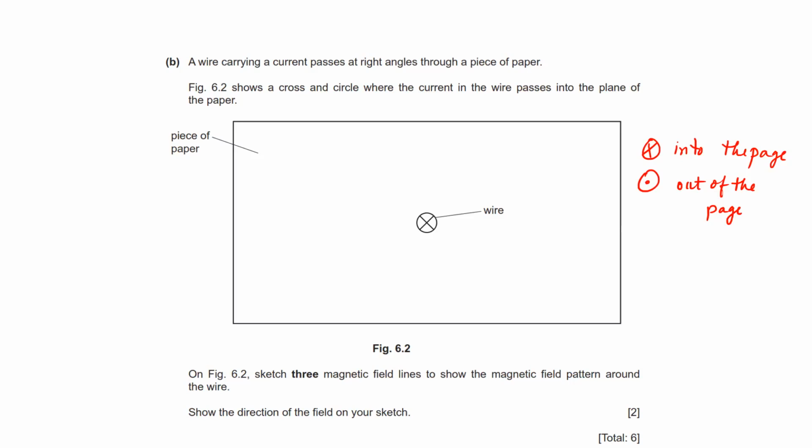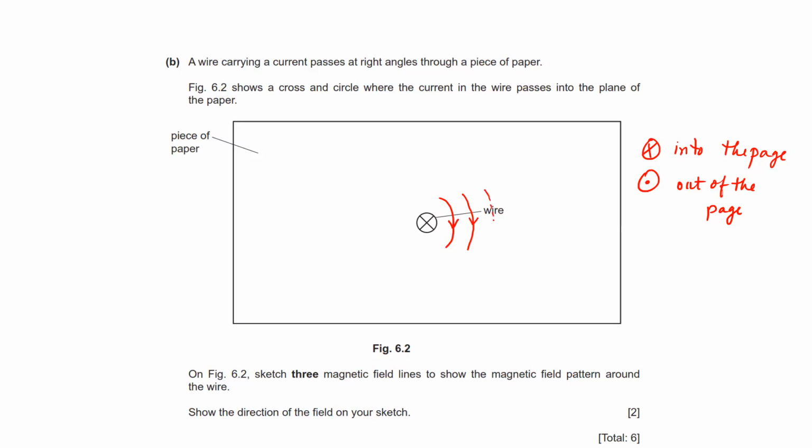So for a current carrying conductor, you have to use your right hand rule, and the thumb will be pointing towards the direction of the current, and the curled fingers of your right hand will be the direction of the magnetic field. So if I use my right hand, my thumb will be pointing into the page and my curled fingers will be pointing in this direction.